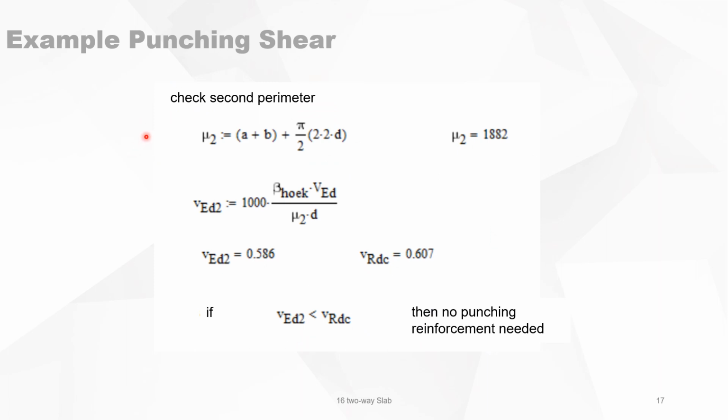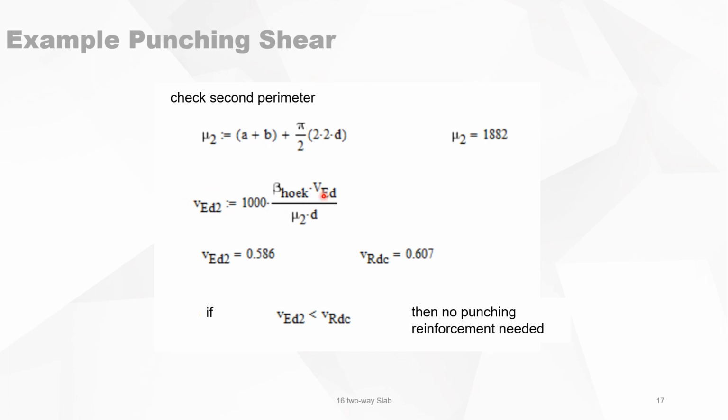Then we check the second critical perimeter. The first one we've checked now for radius equal to 2d. Now we will check the radius 4d. So you will see here 2 times 2d, that's 4d. So this critical perimeter is 1882 millimeters.